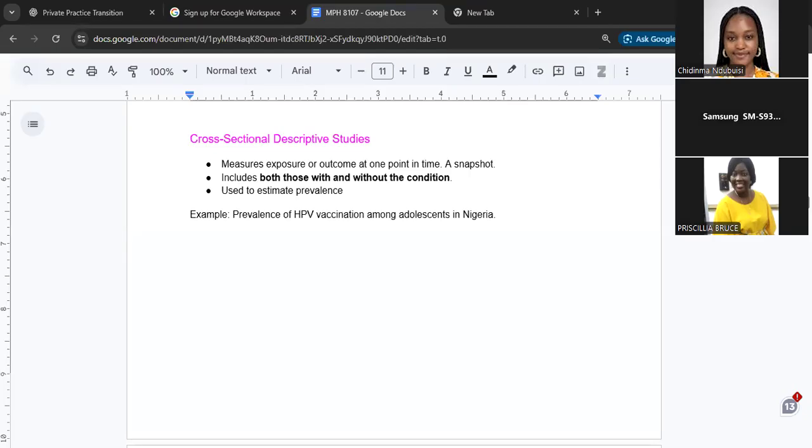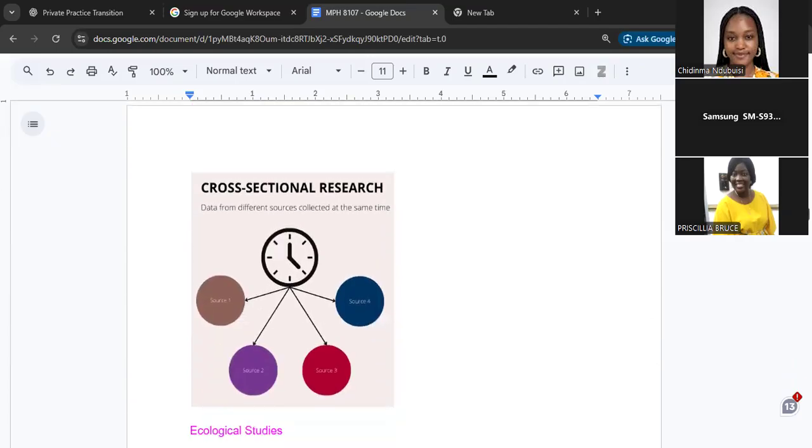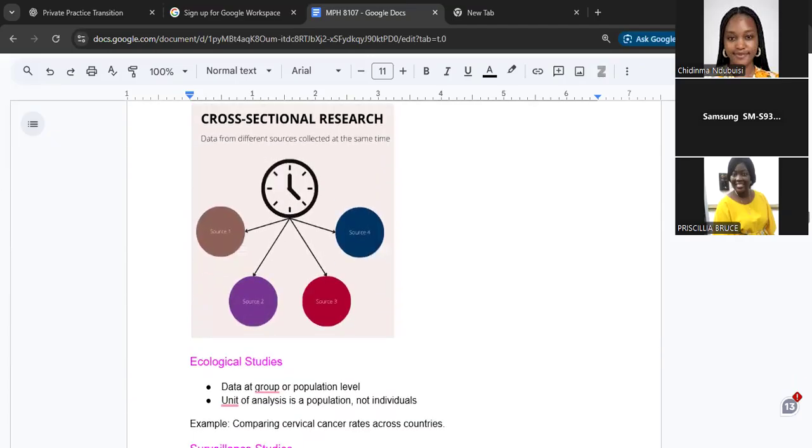Another word they use to describe this cross-sectional study is snapshot. Like a picture, bam. So what's happening there is that we have a particular outcome in mind. We have a particular thing we want to study. For instance, one of the examples we mentioned then was human papilloma virus vaccination, that's HPV vaccination.